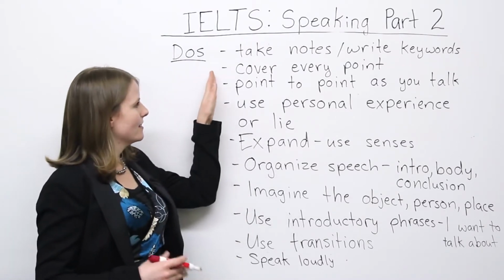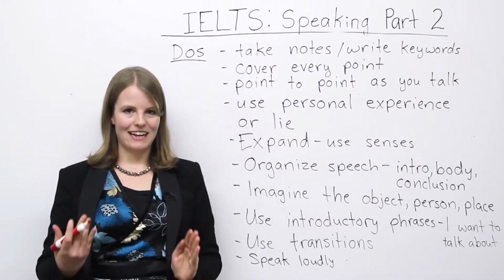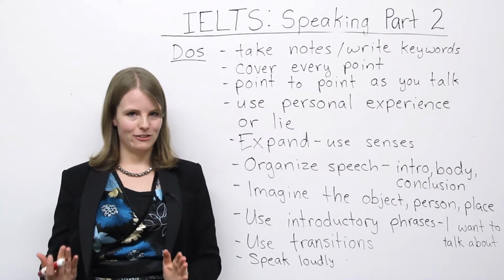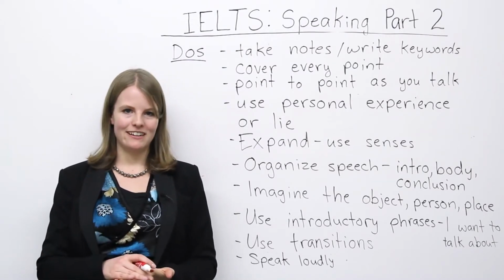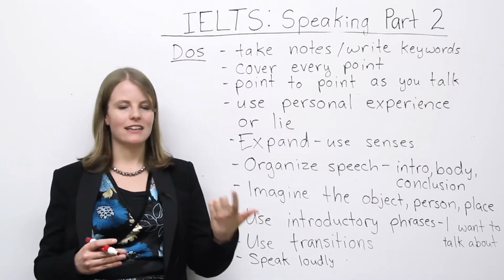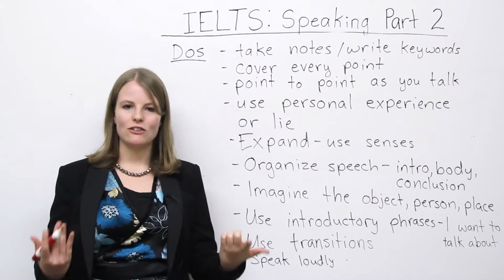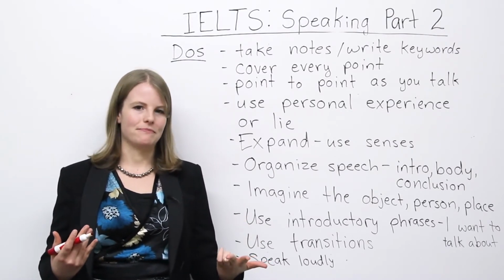Okay? It's very important to cover every point that is on the card. Okay, so in our previous example, it said describe a museum that you have visited, and it said where was the museum. I think it said what do you remember most about the museum, and why were you at the museum?